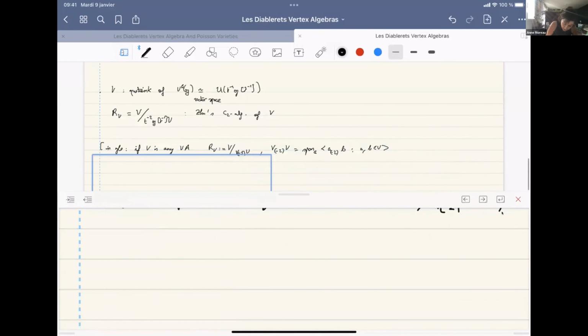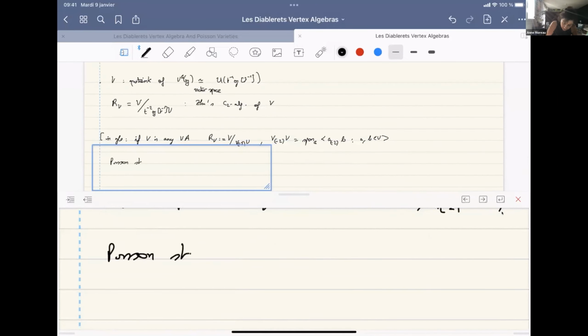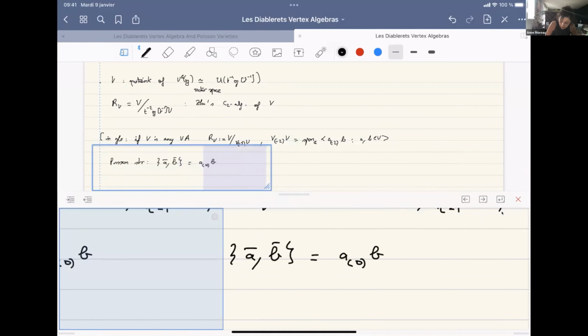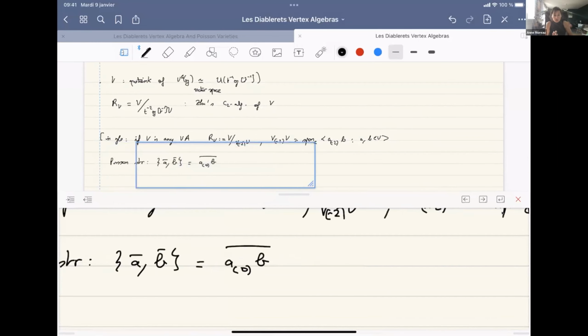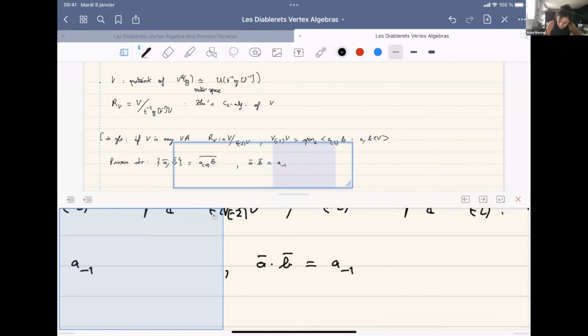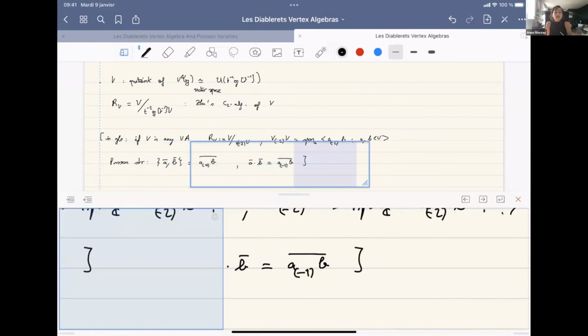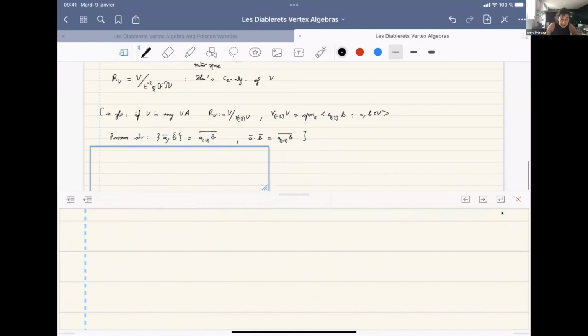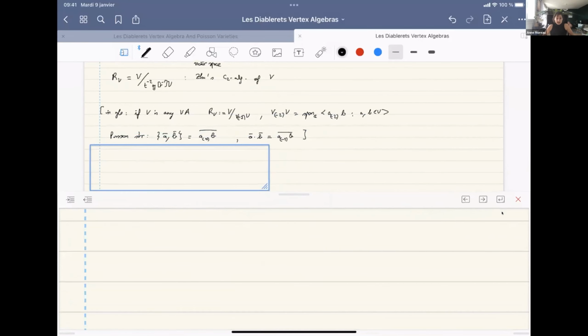And here the Poisson structure in general is given by, if I denote by bar the image in the quotient, this is just a_0 b, where a_n is the Fourier mode of the vertex algebra, and the product just comes from the normally ordered product. Okay, so for those who know vertex algebras, this is a general construction, and if you don't know so much, I can explain in the setting of affine vertex algebra the Poisson structure because it's easier.